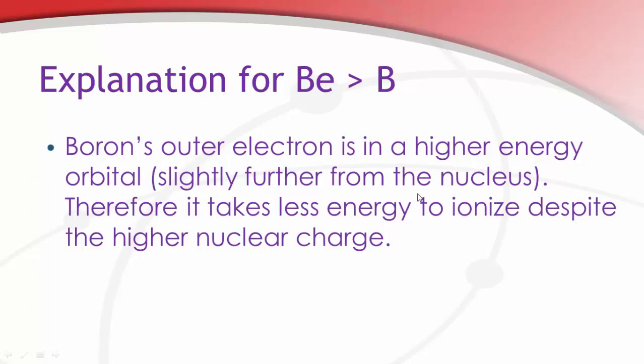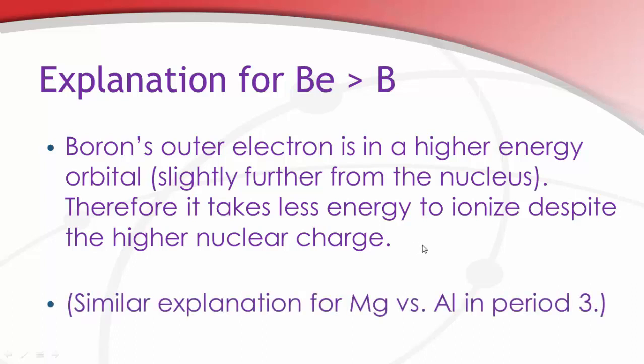Well, it's worth noting that boron's outer electron in that 2p orbital is in a higher energy orbital. It's slightly further from the nucleus. And so a little less energy to ionize, even though it's got a higher nuclear charge. By the way, if you looked at magnesium and aluminum, it should have a similar explanation since they're, of course, below each other.